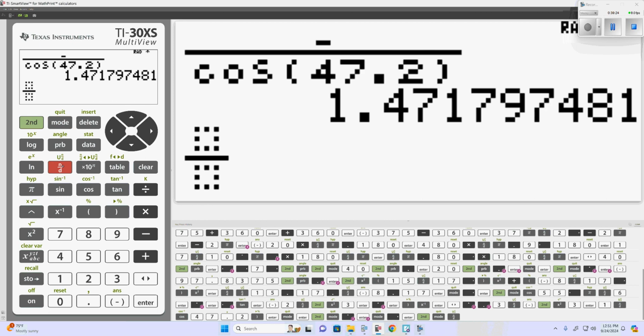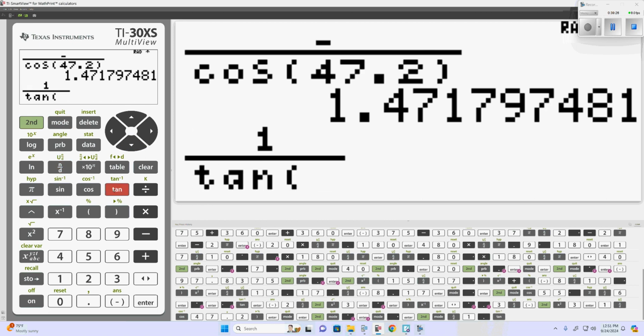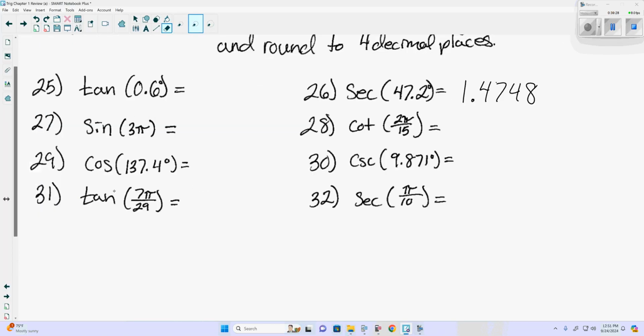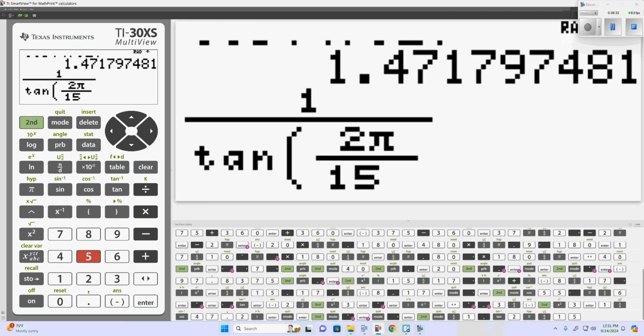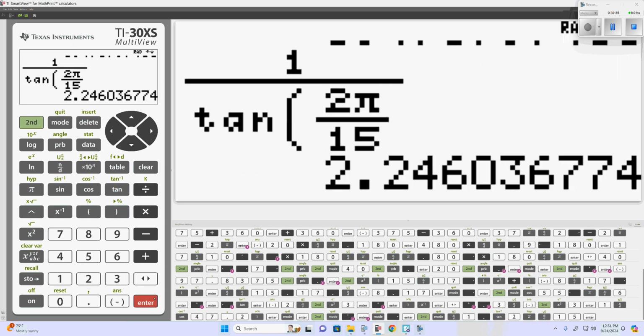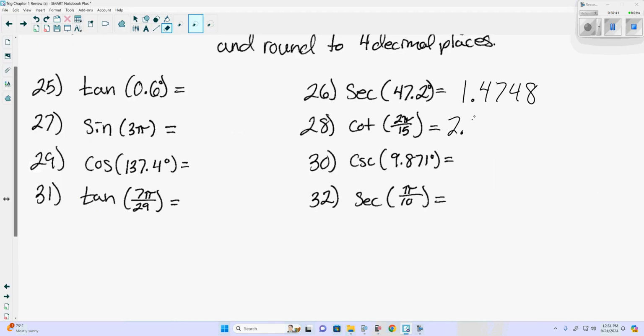So that means we have to go back over to mode, switch it to radians. Now it is cotangent, which would be 1 over tangent of 2 pi over 15, which is 2.2460. Now, the answers we get for this will not have a radian or degree marker, because it's not an actual degree or radian as our answer.